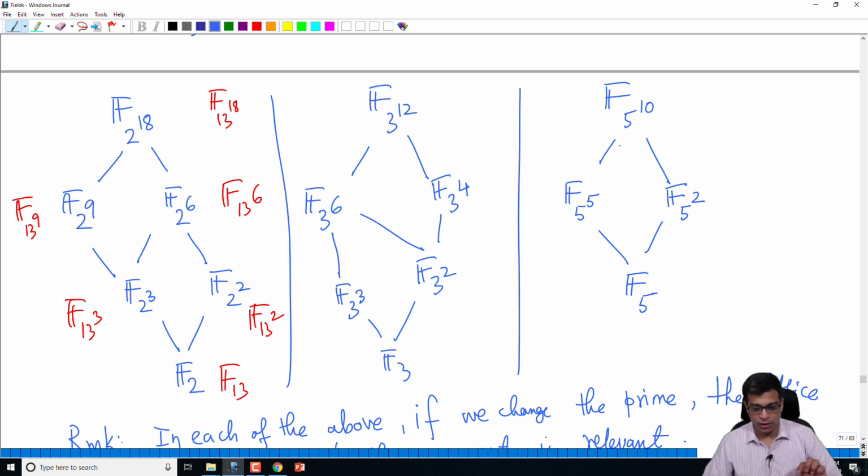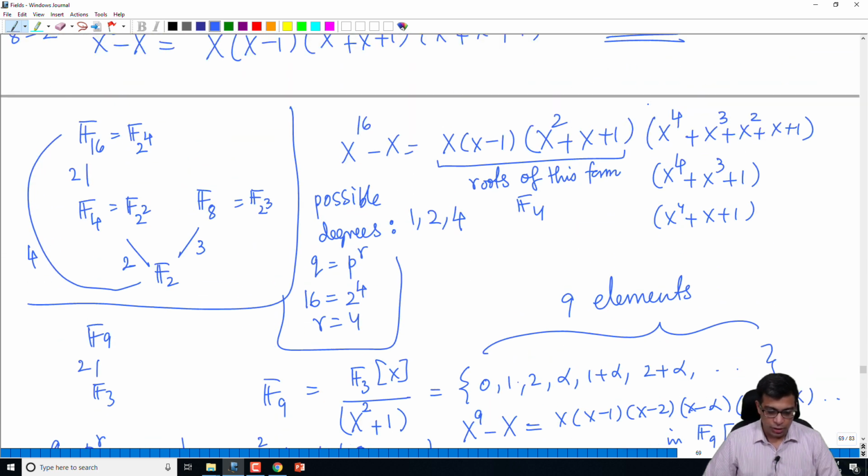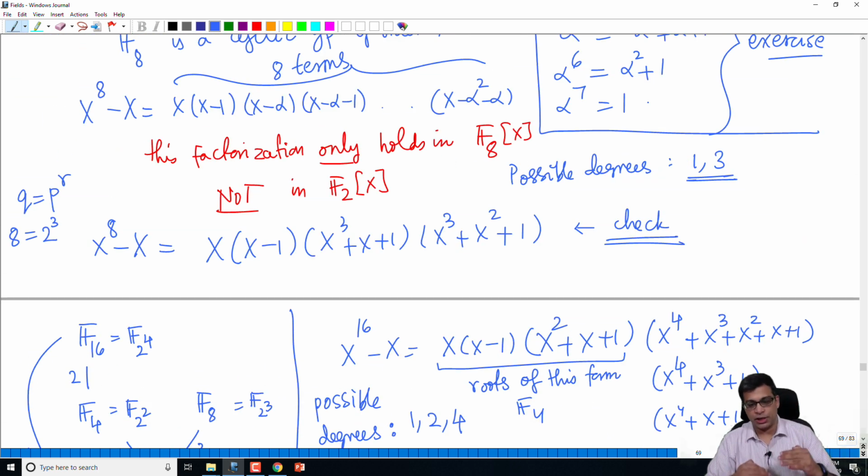The exponent is the crucial thing to determine the lattice completely. Okay, so these are some of the examples I wanted to do to illustrate the structure theorem, especially the last two parts, which were important in understanding the lattice of subfields or the irreducible factorization of the polynomial x power q minus x.